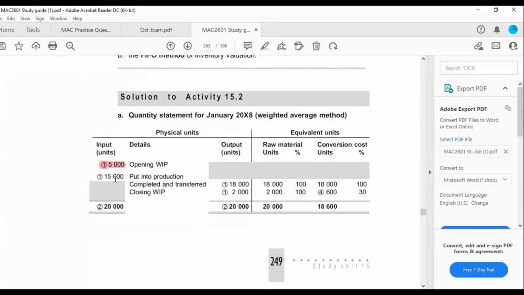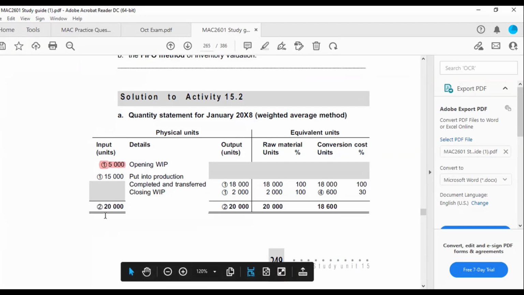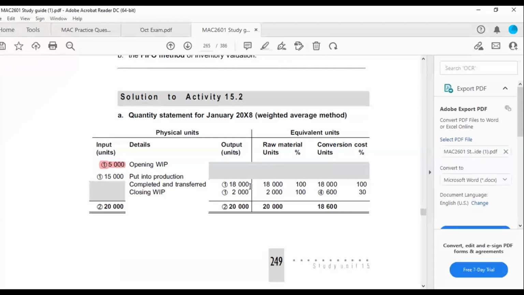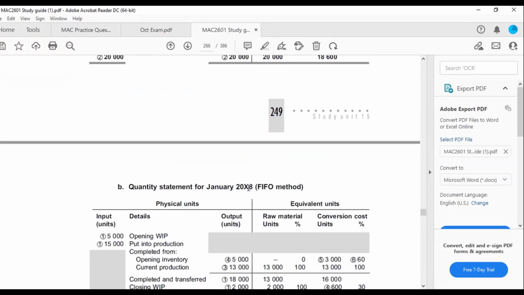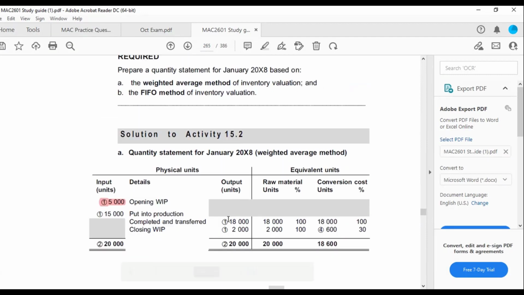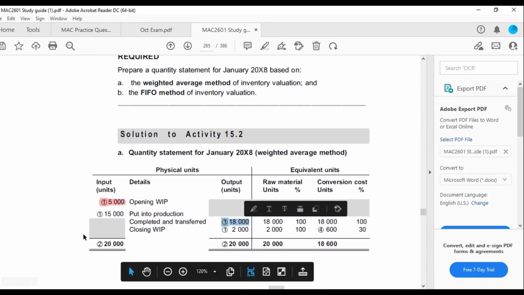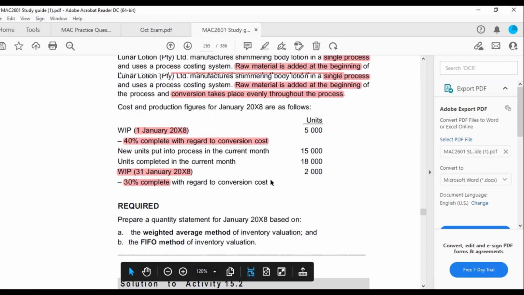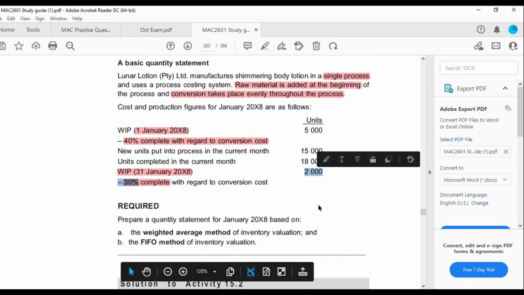That's your input part, so your total input is 20,000. When it comes to the output, 18,000 was completed, and then the closing is the 2,000.